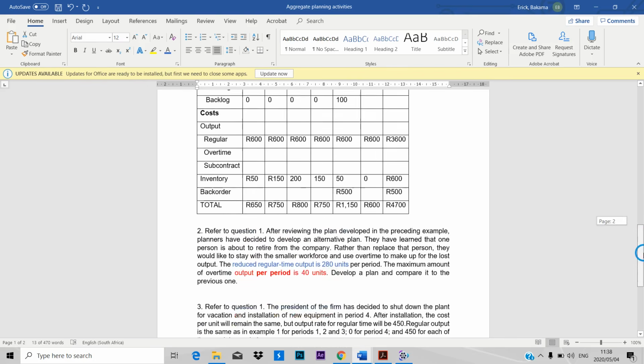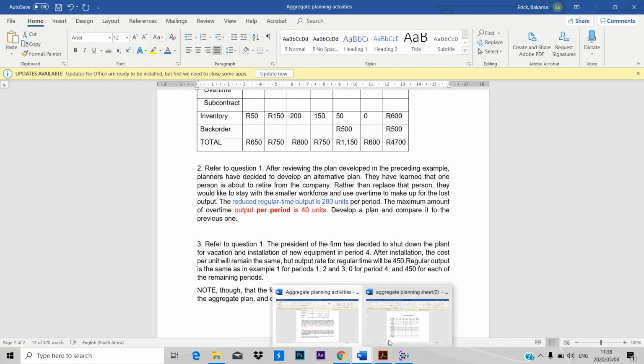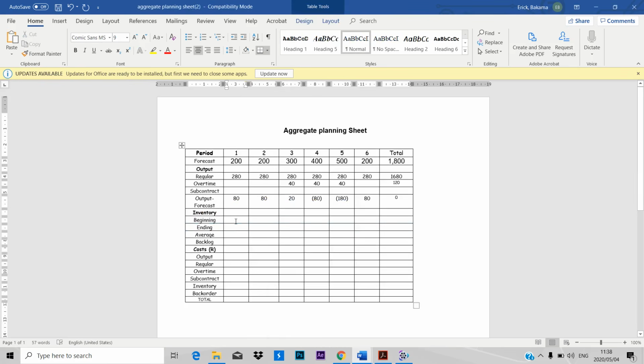If we come back to our exercise here, it means that the beginning inventory is 0, which means on period 1 they didn't start with anything. They produced and they sold, but they were left with 80 more units. So it will be 0 what we started with plus what we ended up with, which is 80. They started with 0, but then they finished the day with 80, so they will end up with 80 in the inventory.